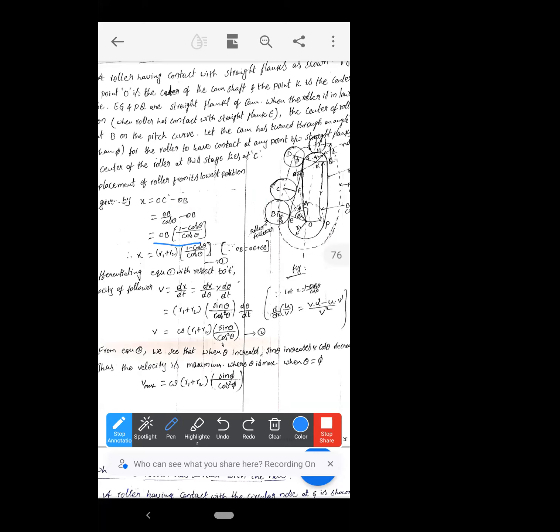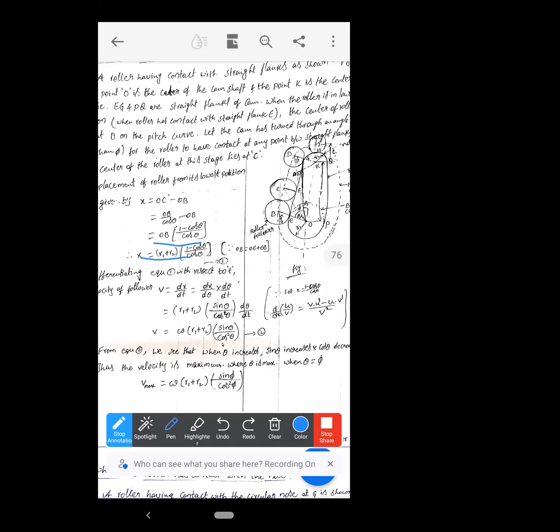Now writing the displacement x equals, what is the value of OB here? That is already known. OB means OE plus EB, OE is R1 and EB is R2. So x equals R1 plus R2 into 1 minus cos theta by cos theta.